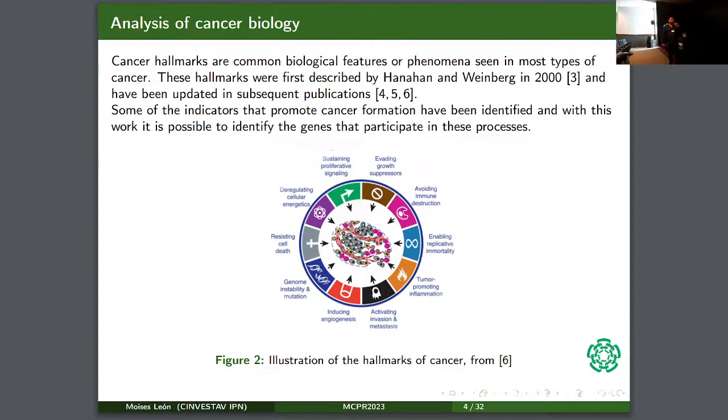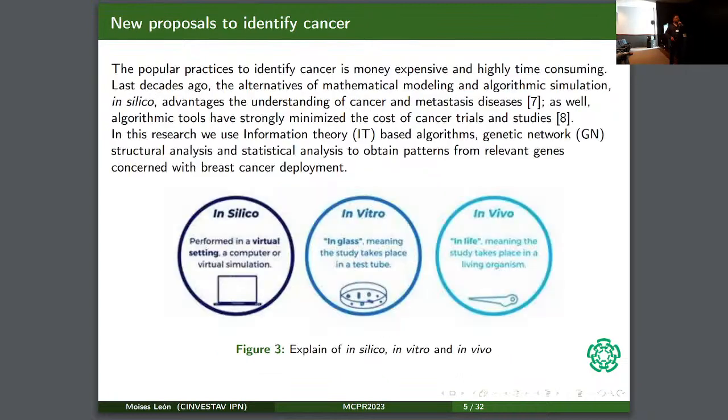Some of the indications that promote cancer formation have been detected, and we can relate them to mutation in some genes. Also, in this research, we are going to identify the principal genes in the formation of cancer by using gene expression profiles from biopsies of cancer.